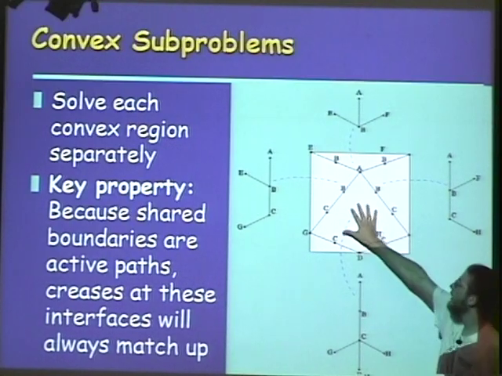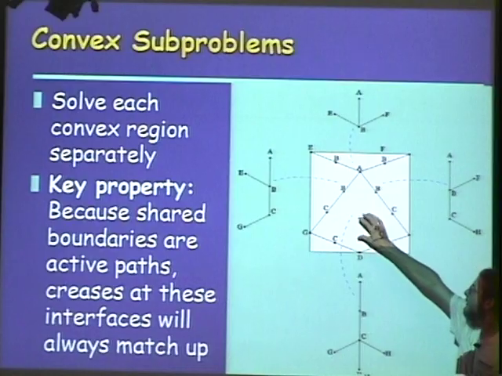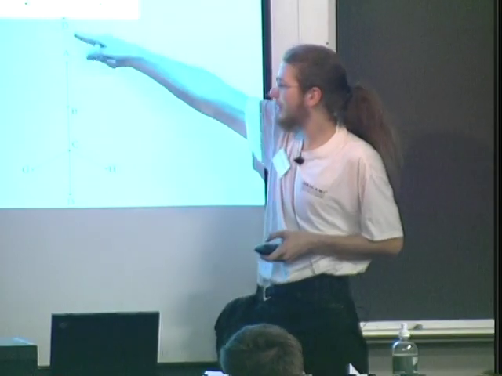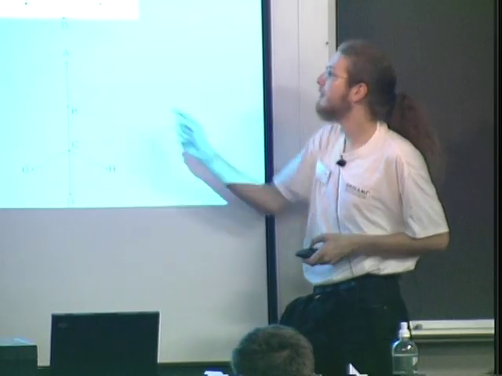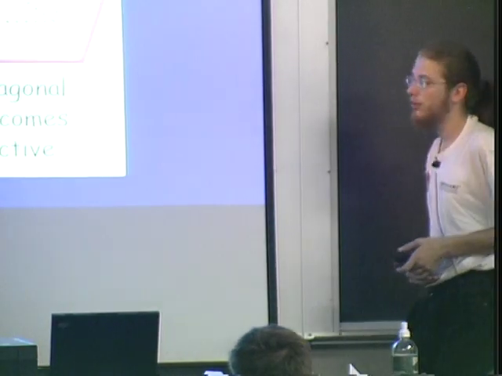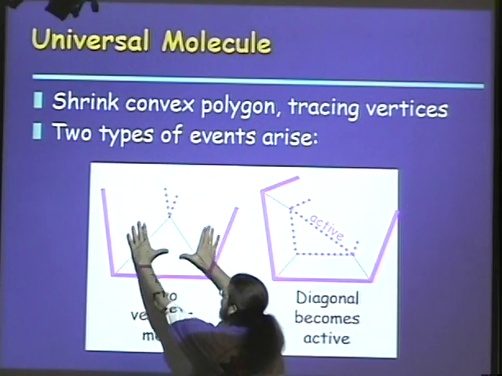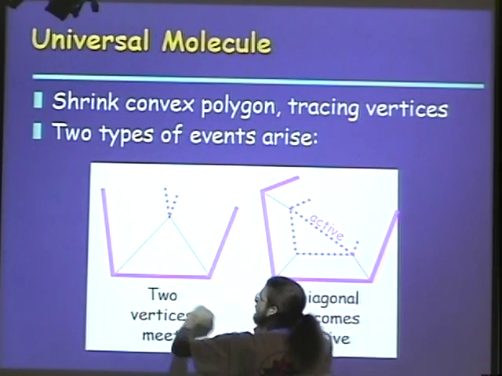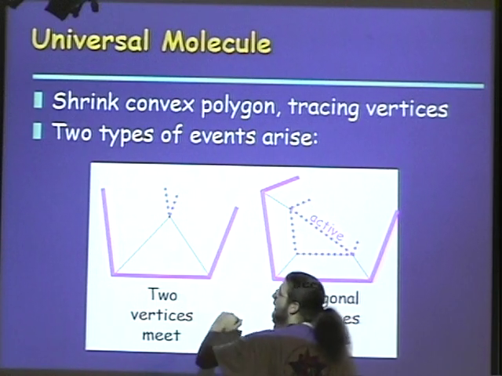So let's take one of these convex polygons. I want to fold this into a base whose projection looks like this, with all the right lengths. So what you do is you take your polygon and you shrink it while keeping all of the edges parallel to the original edges and keeping these distances equal.